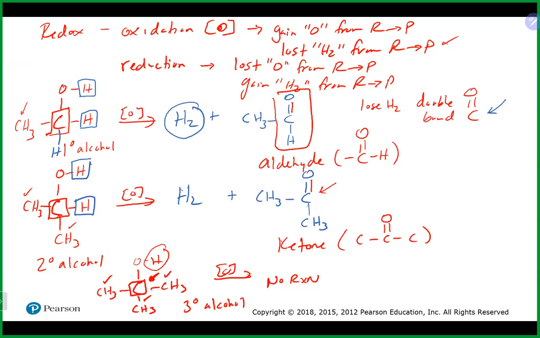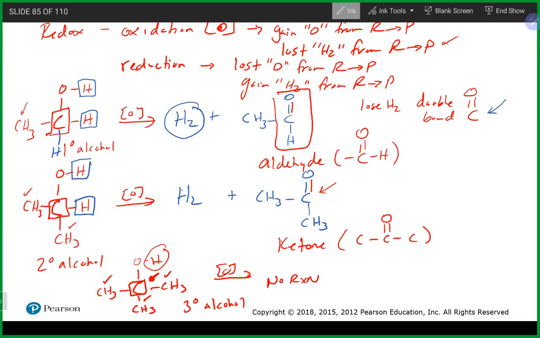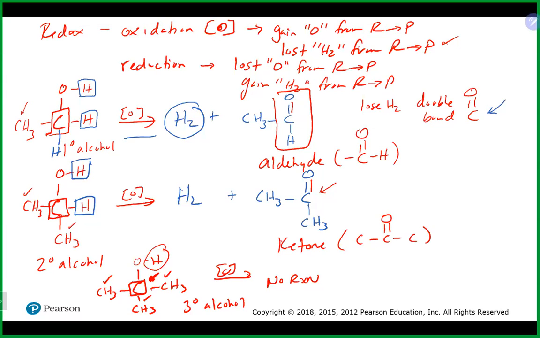What we're looking at here in all these cases are the oxidation reactions. If you wanted to undo it, the reaction would go in this direction, and this would be the reduction reaction for all these. And the reduction reaction would be adding hydrogen back in, and going backwards would be the reduction reaction.